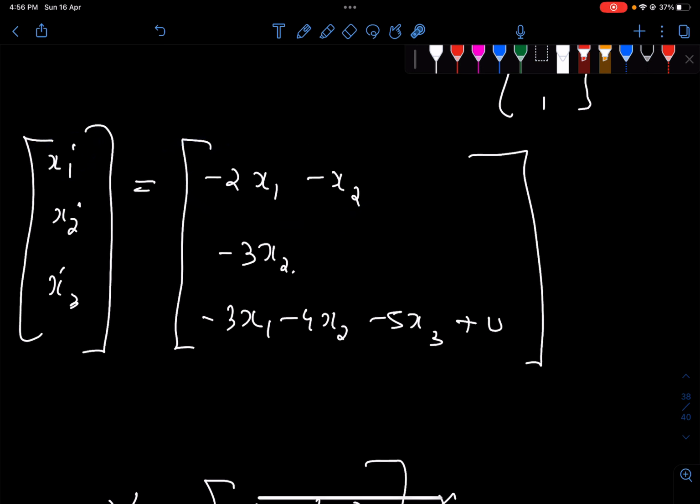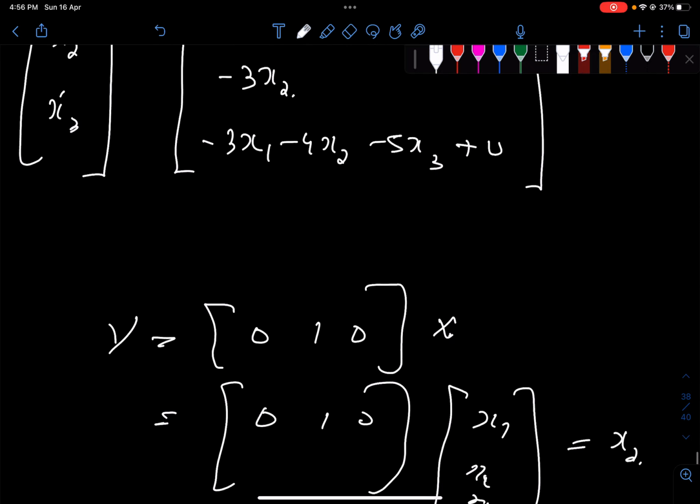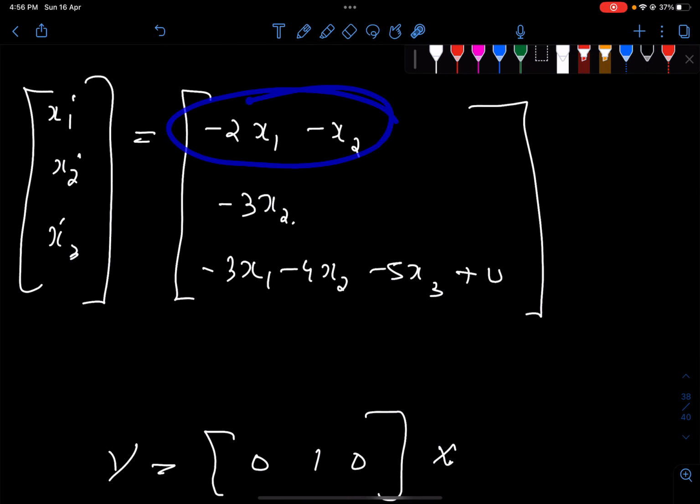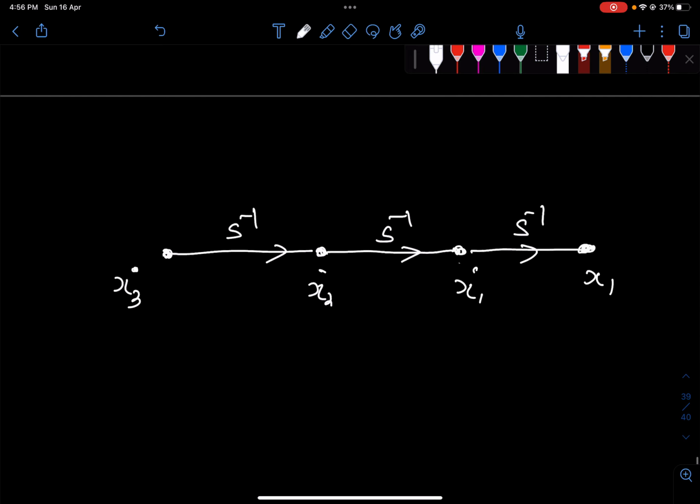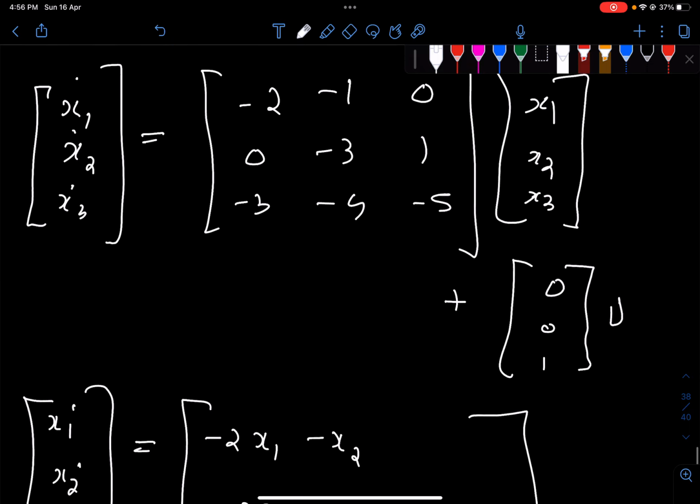So x1 dot is equal to minus 2x1 minus x2. So from x1 dot, this point in the graph is minus 2 times x1. So from x1 the contribution is minus 2 times x1, and minus 2 times x1 minus x2.